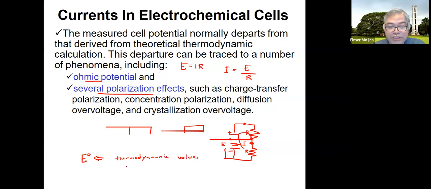So these are usually at equilibrium. May current or wala? At equilibrium, usually there's no current. But in practice, they always find that current is always present. So what does the current do?